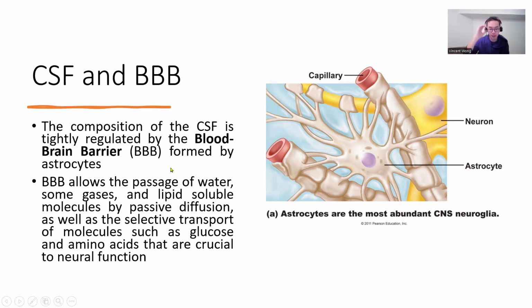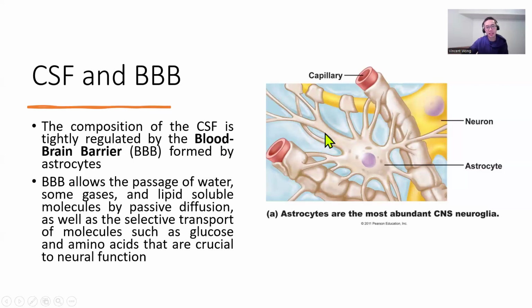When I was telling you about the dopamine and the levodopa. So you can't just let everything that's in the blood go into the CSF and expose your brain to it. There has to be some kind of regulation to keep some of the harmful stuff or waste product out of your CSF, and that would be the job of the blood-brain barrier.